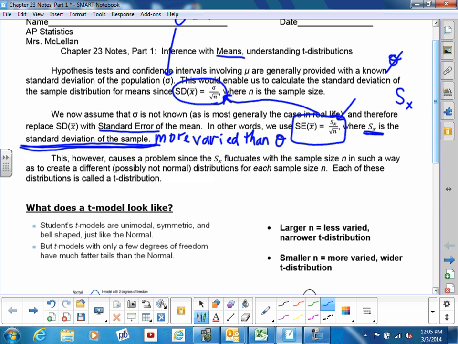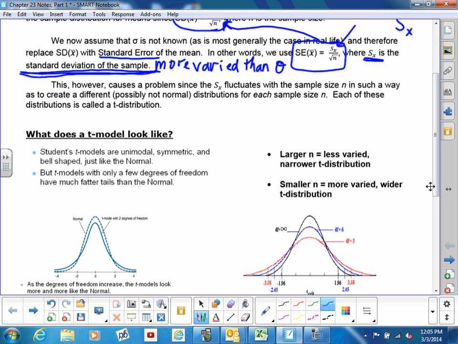All right, so because a standard deviation of a sample fluctuates based on the sample size. Do you remember as n goes up, what happens to the standard deviation? So the standard deviation, which I'm writing as an S because it's going to be of samples, goes down.